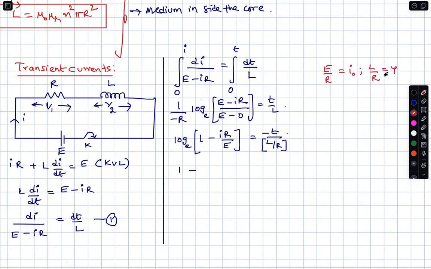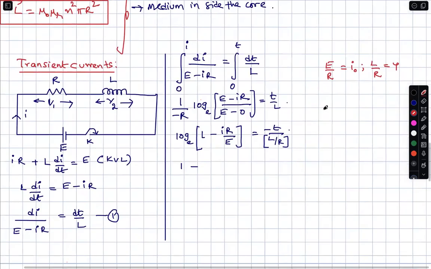This is called time constant because L by R has the same dimensions as time. Now this allows me to write 1 minus I by I naught is e to the power of minus t by tau. This you can write as I equals I naught times 1 minus e to the power of minus t by tau.